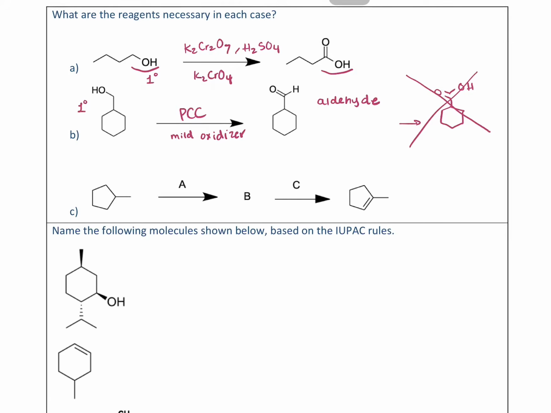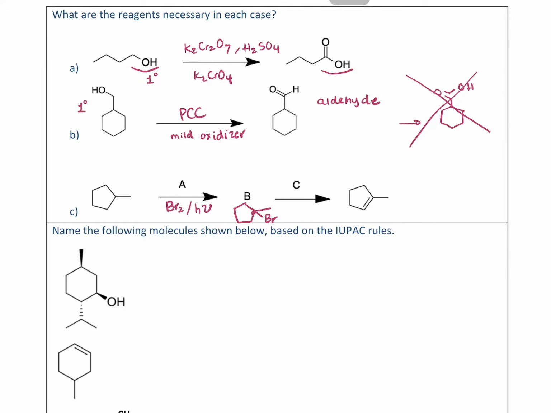And then for this next one, for part C, I'm pretty sure there are multiple ways to go about this one, but the way that I want to go about it is to use Br2 in light, hν, and you get this Br-substituted cyclopentane, and Br attaches to the most substituted carbon, which happens to be this carbon.